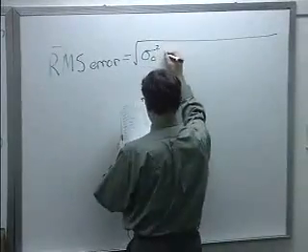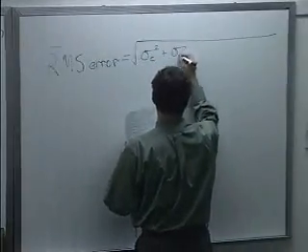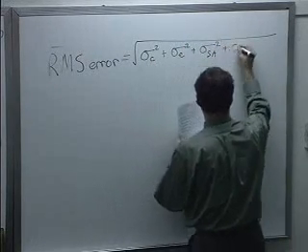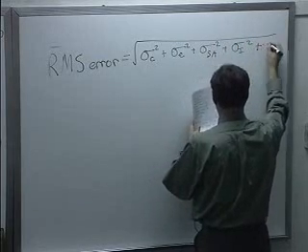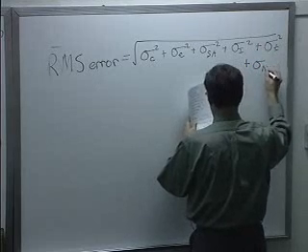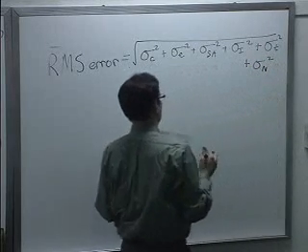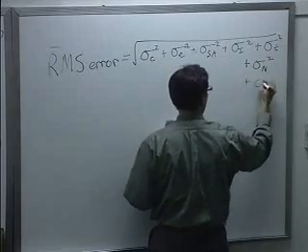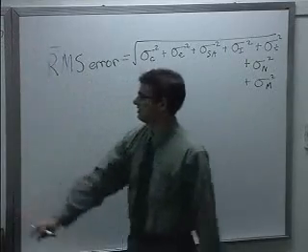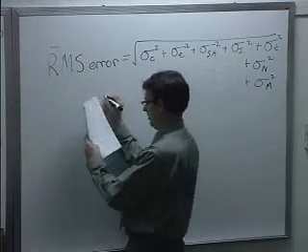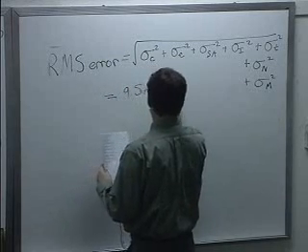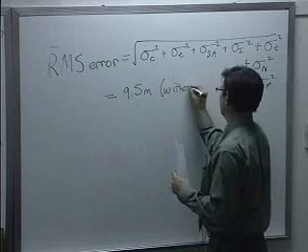So we square the clock error, square the ephemeris error, square the selective availability, square the ionospheric error, square the tropospheric error, square the noise error, square the multipath error, take the square root. And if we tallied up all of these on the other board, we would get 9.5 meters. And that's without selective availability.